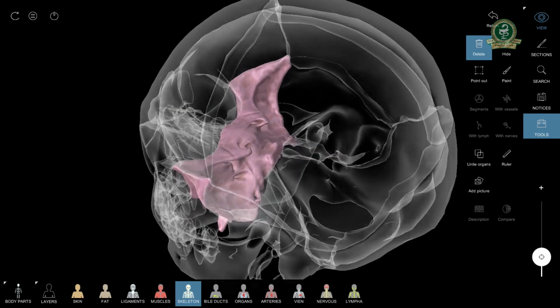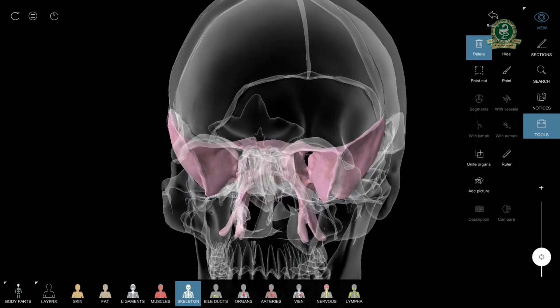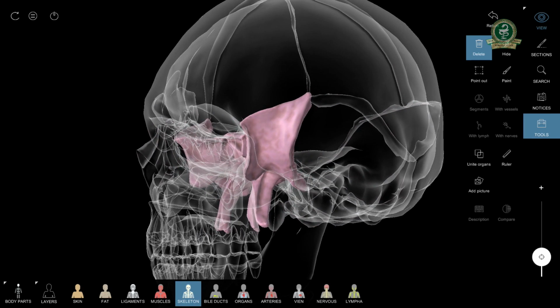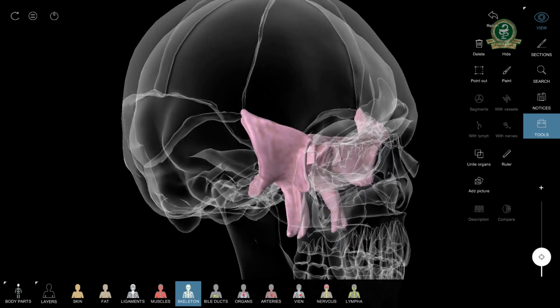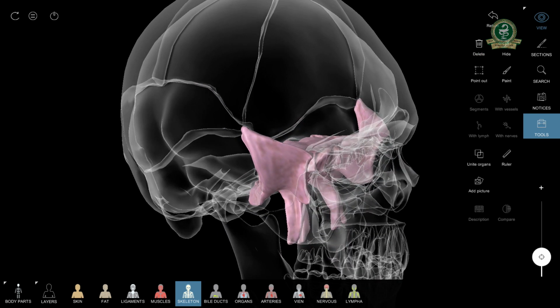The sphenoid bone also has the sphenoid sinus, and I will show it next time in MRI. But now, it lies posteriorly and slightly superior to the nasal cavity. Where is the nasal cavity? The nasal cavity is here. This is the nose.